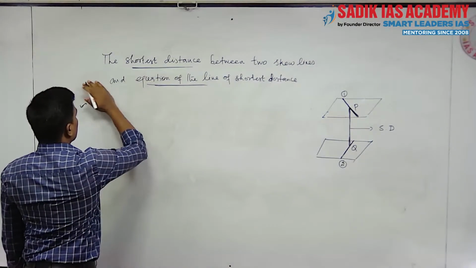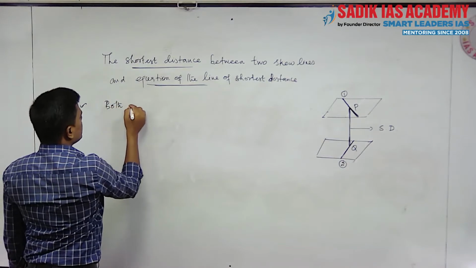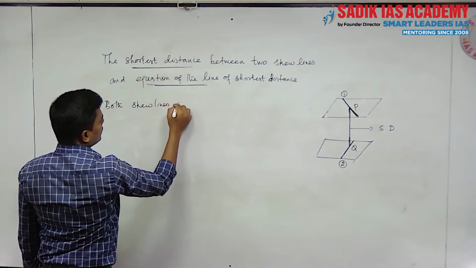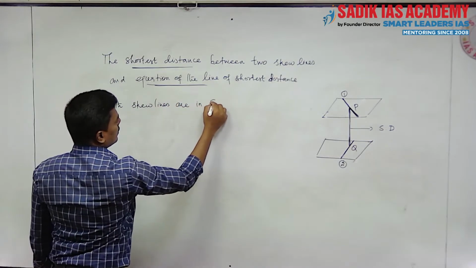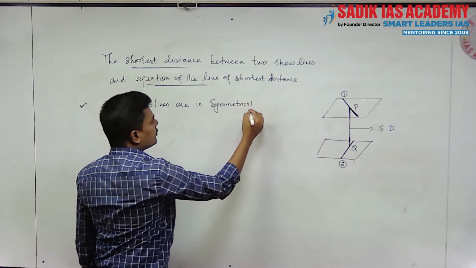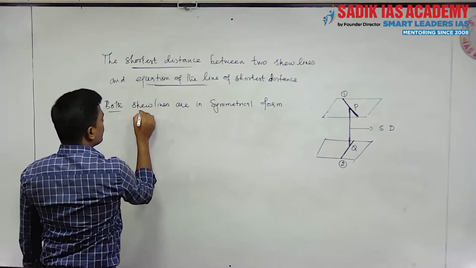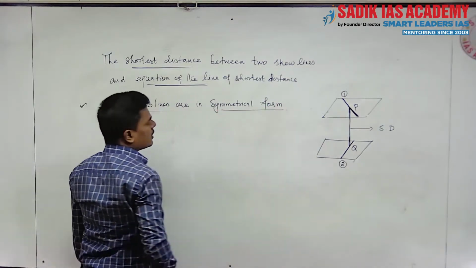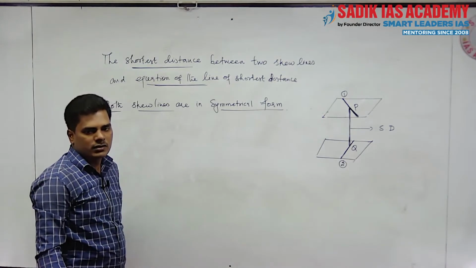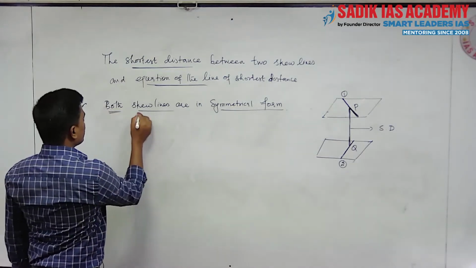So, both skew lines are in symmetrical form, and we are going to discuss how to find the shortest distance between the skew lines and the equation of the line of shortest distance, right. So, this is what we are going to discuss.